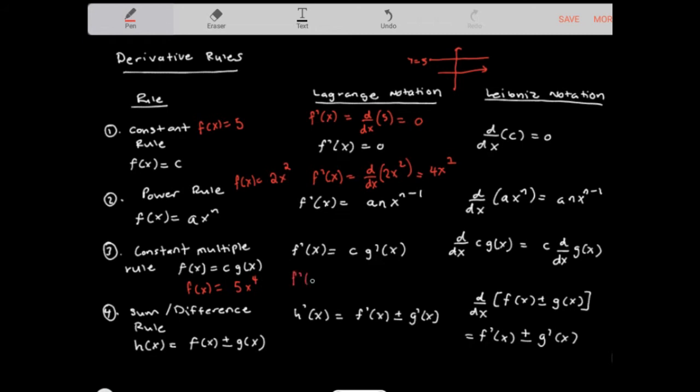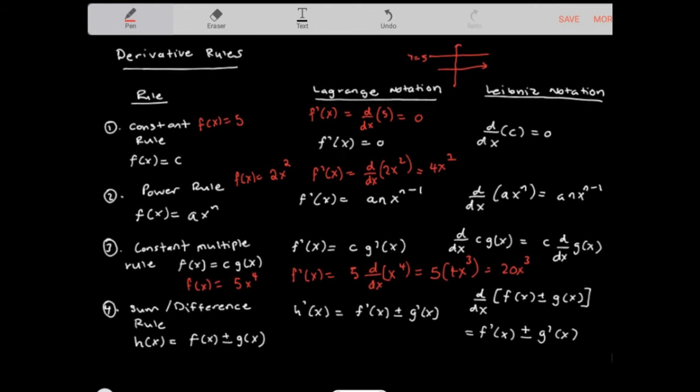F prime of x is equal to 5 times the derivative of x to the power 4, which is 5 times, and I'm going to use the power rule again, 4x cubed, which is basically 20x cubed. So it's similar to the previous example. It just tells us that we can take the constant out and then do the derivative of the function by itself.